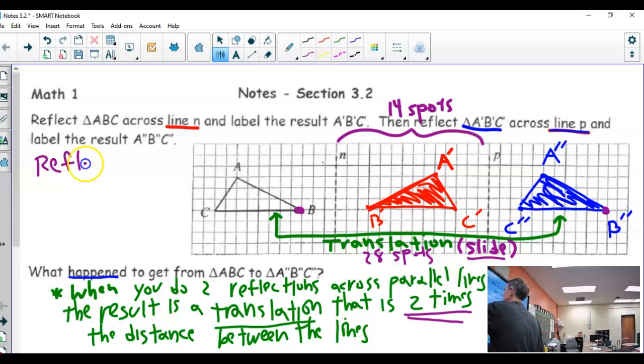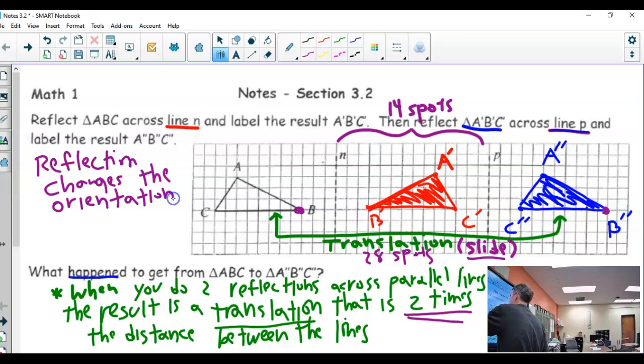And there's one more thing I'd like to point out here, and that is about a reflection. Reflection changes the orientation. So what is the orientation? The orientation is the way you name a shape. My original triangle, the black one, is called triangle ABC, right?